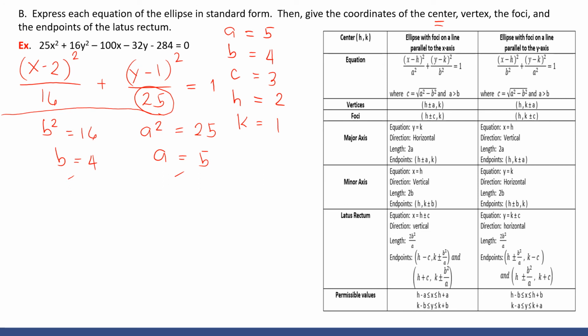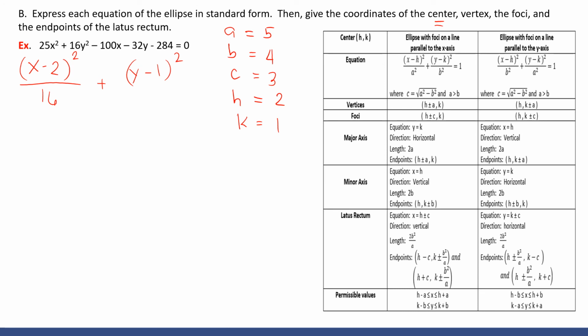So if h is 2 and k is 1, let's erase this first so we have enough space. We already got the different values of A, B, and C, and also H and K, right? So our center coordinate, or HK, is 2, 1.